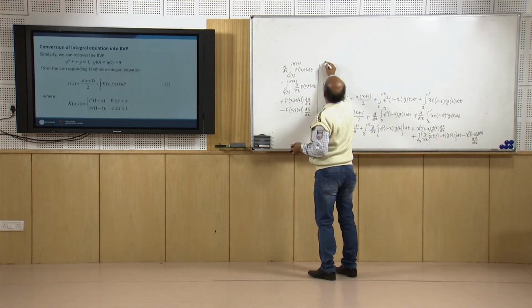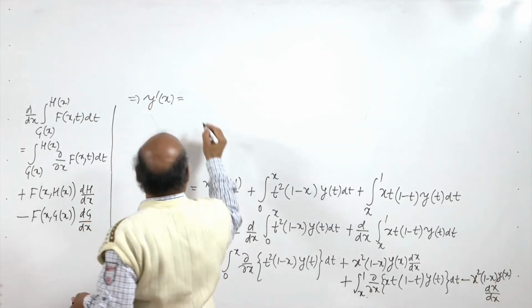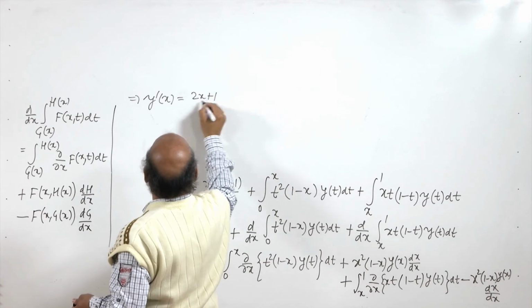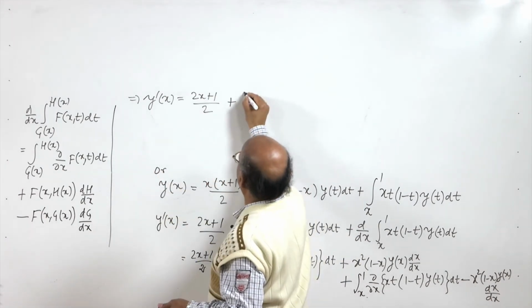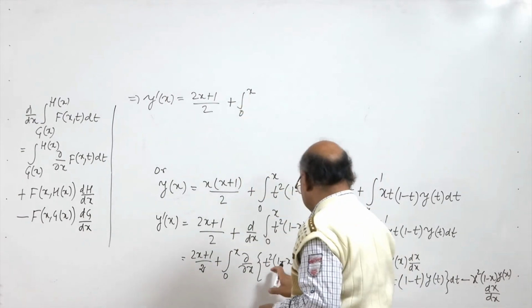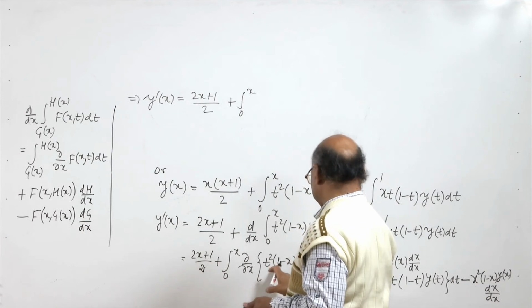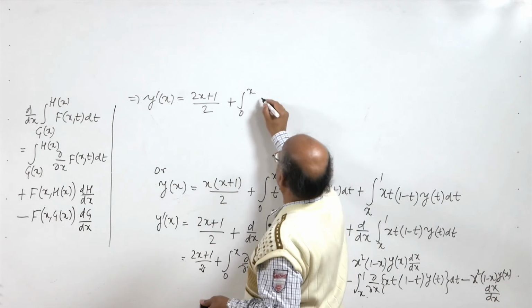So, this will give you y dash x equal to 2x plus 1 by 2, and then the derivative with respect to x. Now, this is t square by t minus t square x by t. So, we will get minus t square by t here.